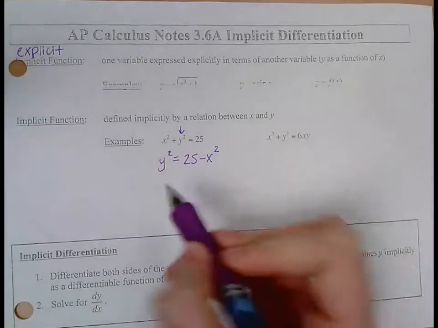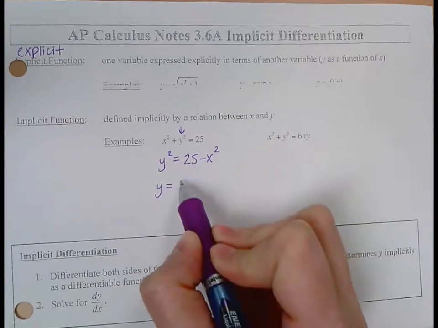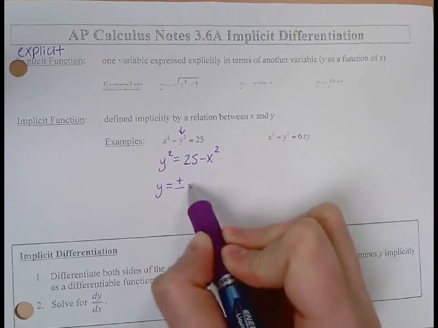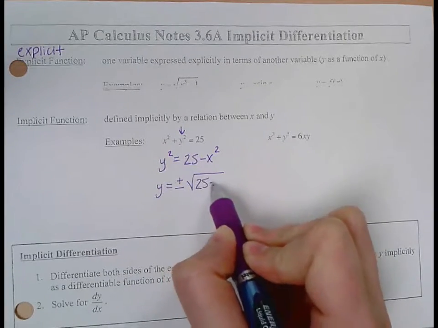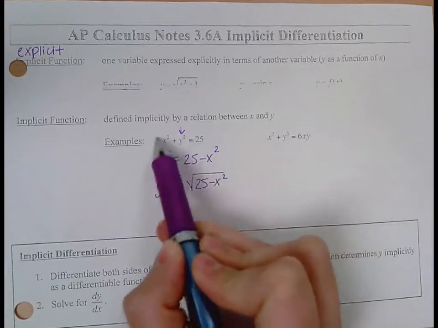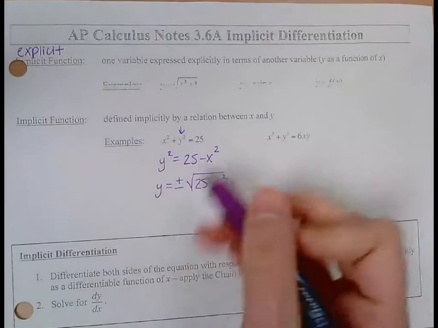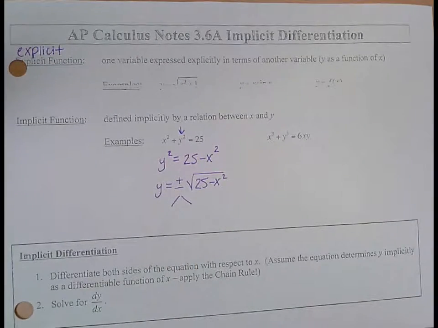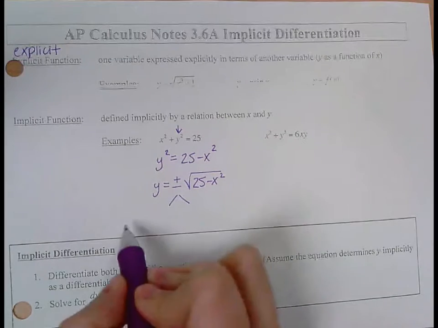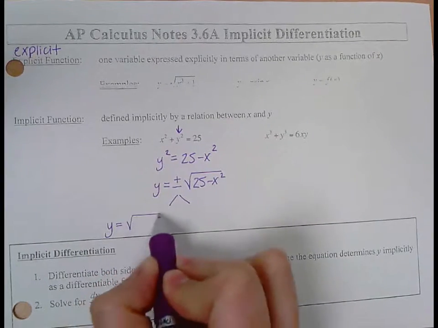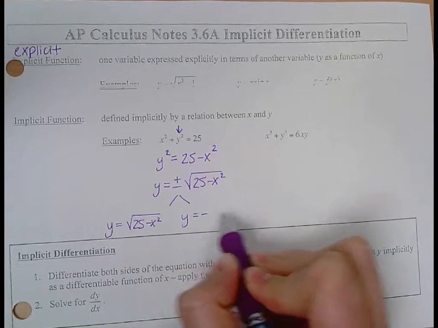And then I would have to take the square root, and I would get a positive and a negative square root. So this implicit equation here really represents two explicit functions. One function would be the positive square root of 25 minus x squared. The other is the negative square root.